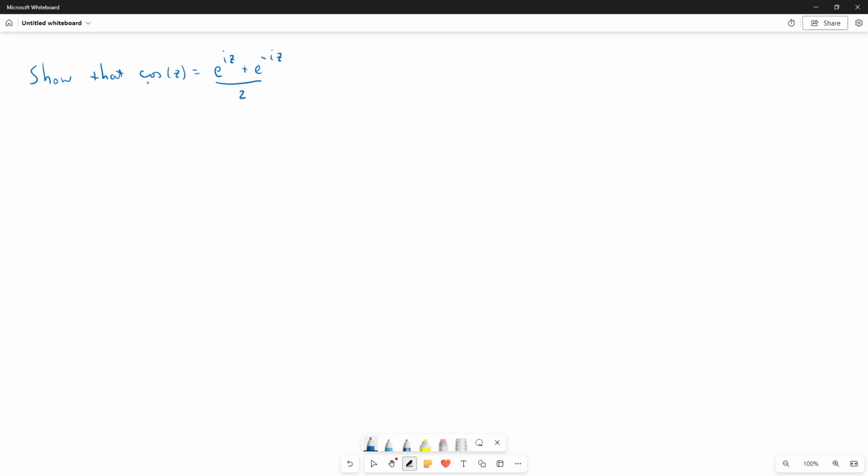that the complex cosine, the cosine of z, can be written in terms of the complex exponential in a way that is very similar to the hyperbolic cosine of a real variable being written in terms of the exponential.